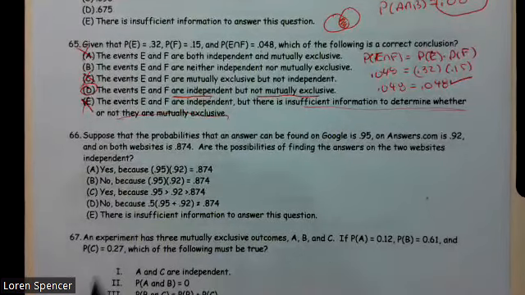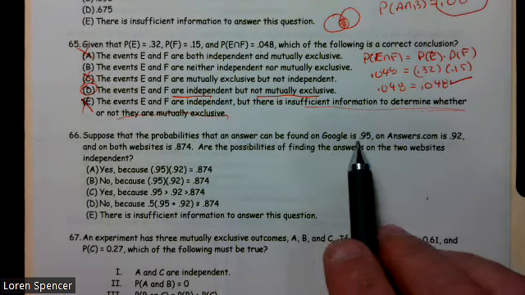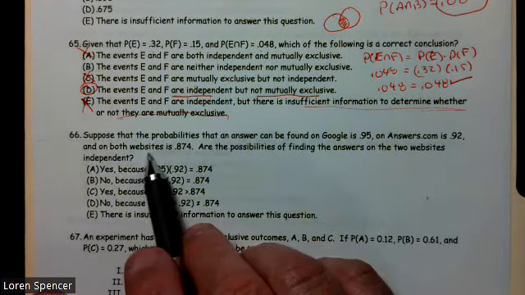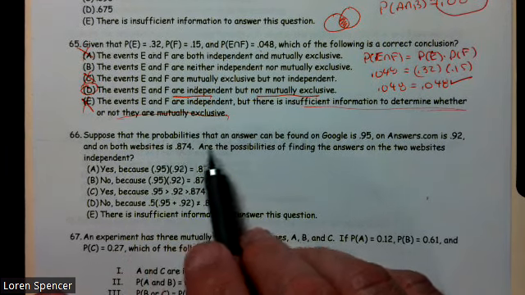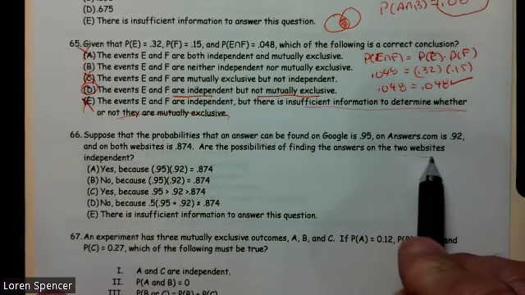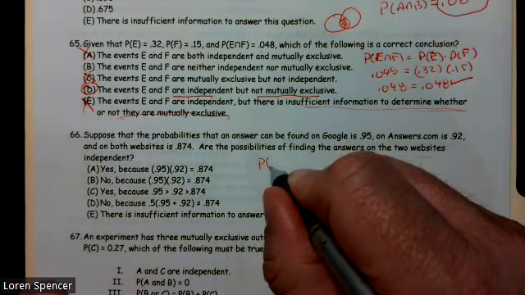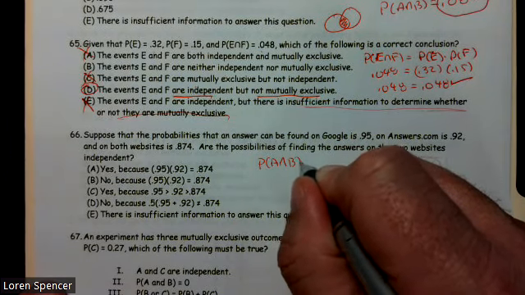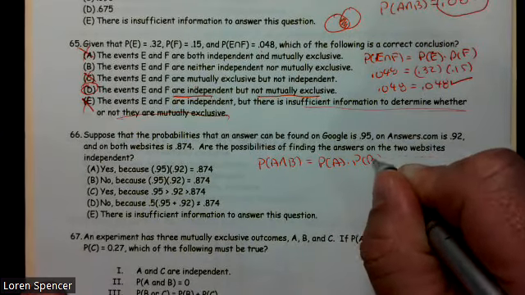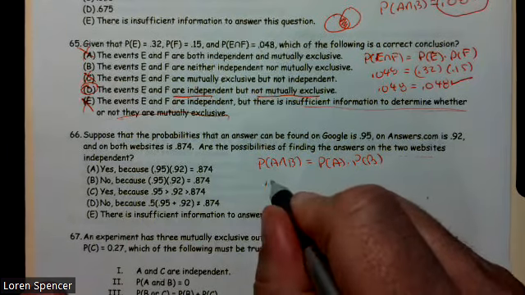Number 66. Suppose that the probability that an answer can be found on Google is 0.95, on answers.com is 0.92, and on both websites is 0.874. Are the probabilities of finding the answers on these two websites independent? Well, if they're independent, the probability of A and B equals the probability of A times the probability of B. That's true if they're independent. Well, they said for both is 0.874.